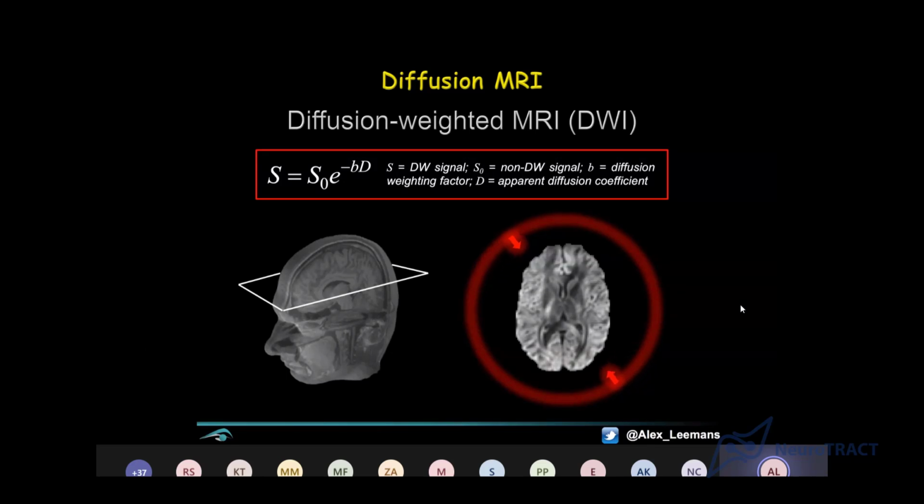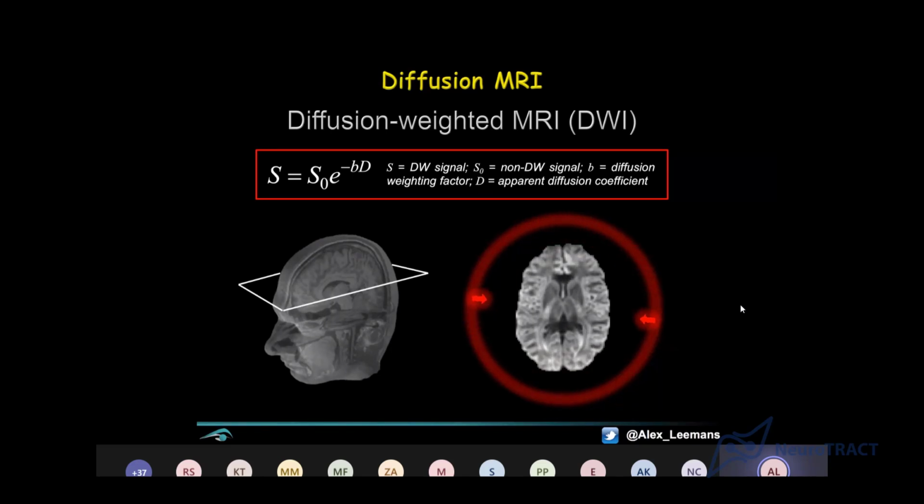So all these acquisition parameter settings, you can condense them in what we call the B value. And it was Denis Le Bihan, very well established researcher. He's basically the grandfather of diffusion weighted imaging.